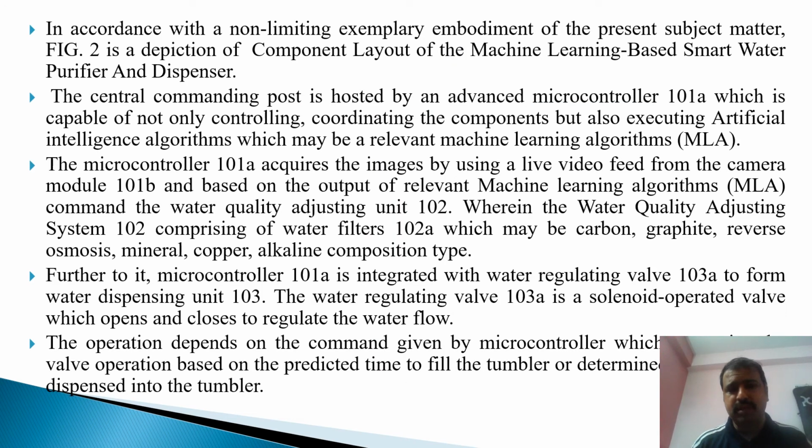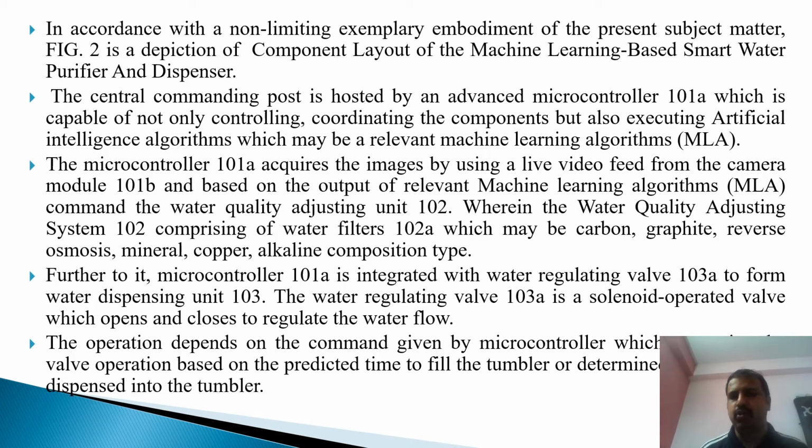Figure 2 shows the component layout of the machine learning based smart water purifier and dispenser, wherein you can clearly see that the microcontroller has overall control over all the components, and it is capable of running parallel machine learning algorithms which are capable of identifying the user and the gender.